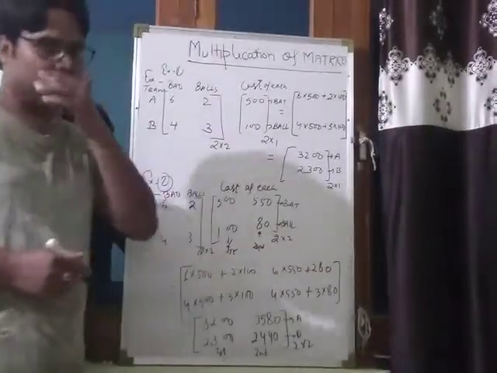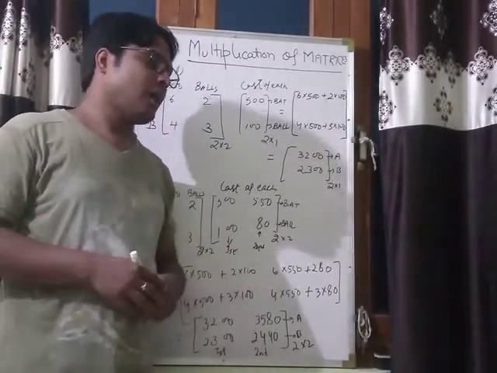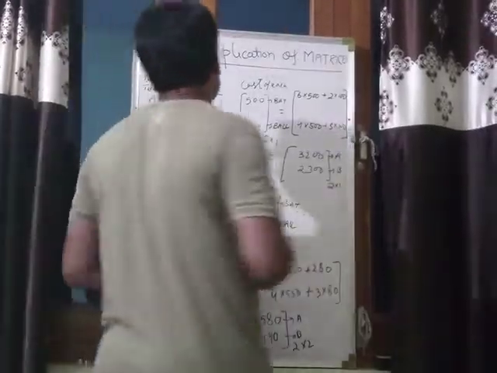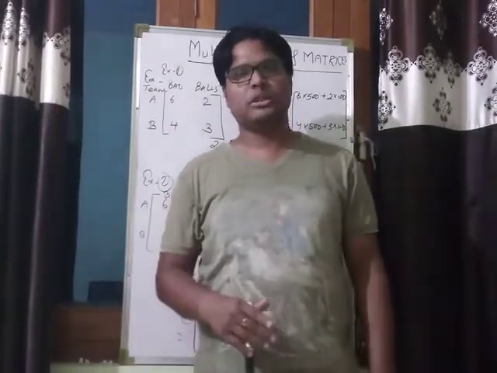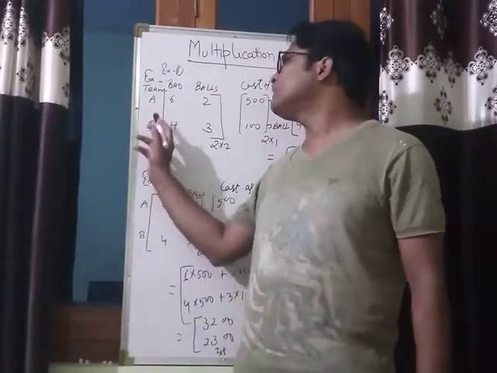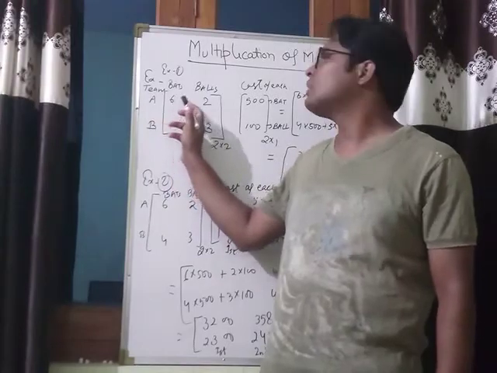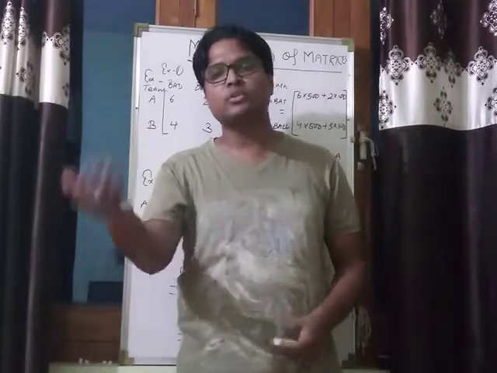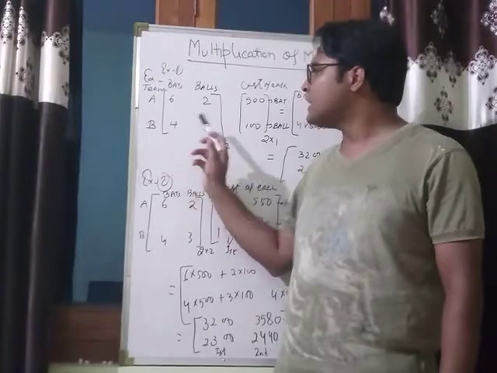I am going to give you an example to think about how we can multiply a matrix with another matrix. Consider there are two cricket teams in a village or in your locality, team A and team B. Team A wants to buy 6 bats and 2 balls, and team B wants 4 bats and 3 balls.